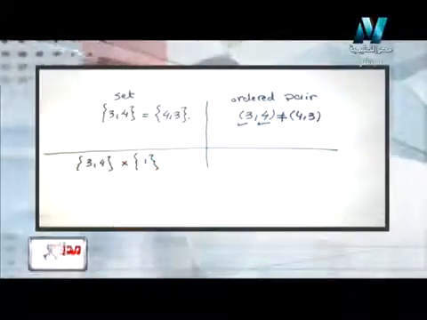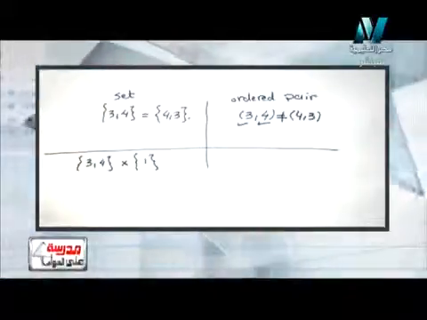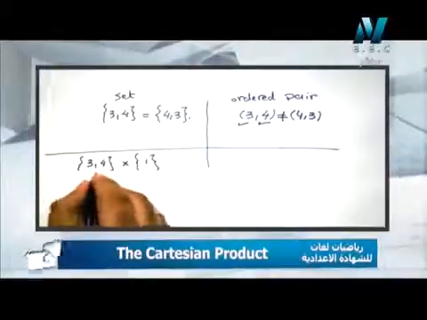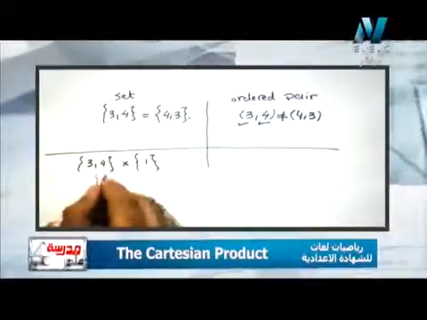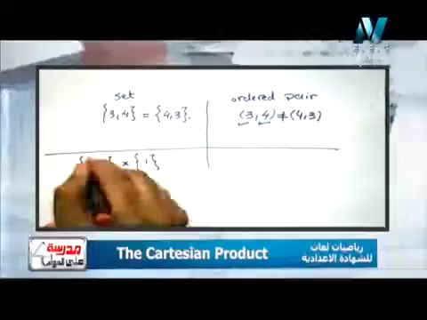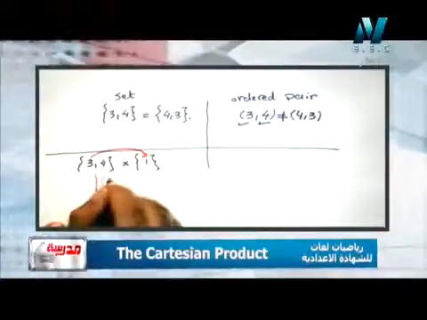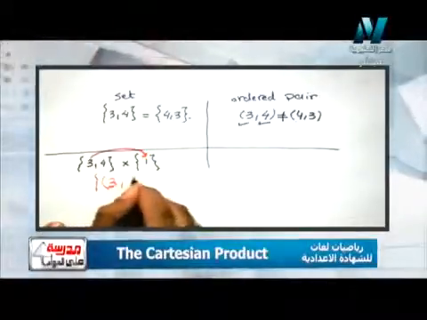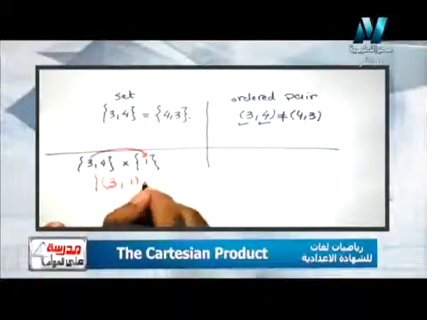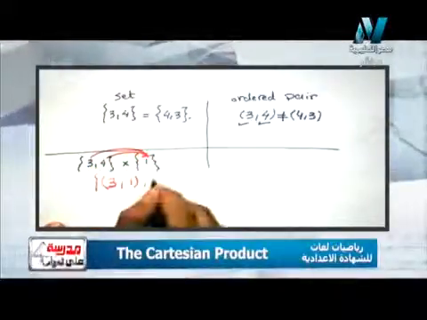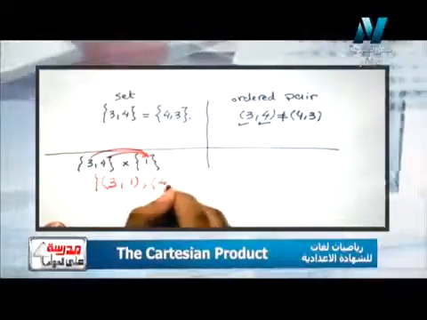To find the answer to this question, we are going to distribute. How to distribute? Make a set, and take the first number 3 with 1: (3, 1). Next, the second ordered pair will be (4, 1).